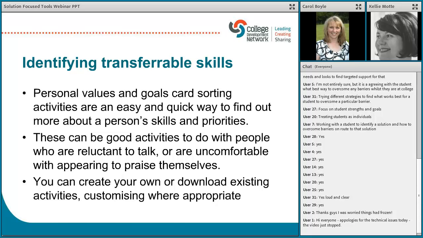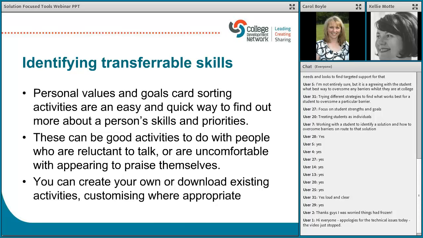But what these are is they're a quick and easy way to find out more about a person's skills and priorities. And it's good for people who don't feel comfortable with talking about themselves or appearing to praise themselves or big themselves up. It can be very revealing, even to yourself.